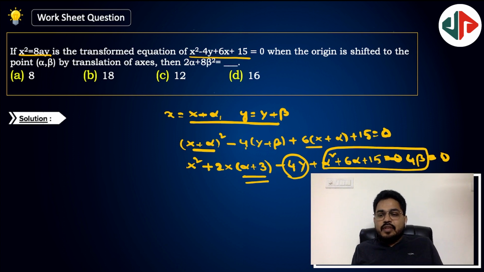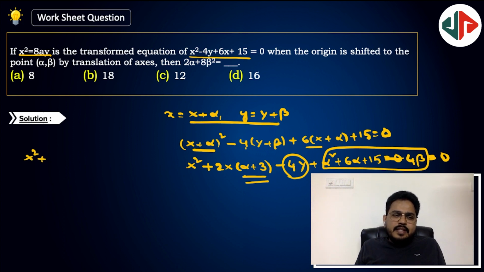This entire value needs to be equal to 0. So instead of doing this, I'll simply go ahead with this equation as x square plus 6x is equal to 4y minus 15.